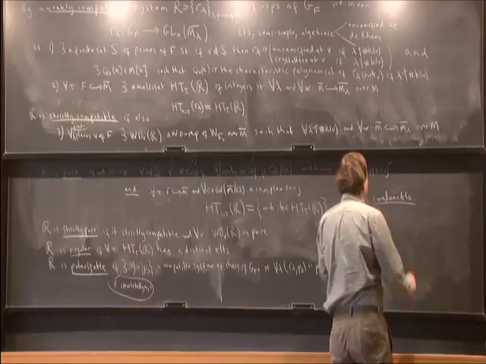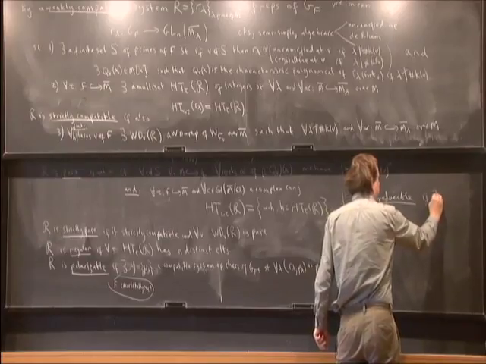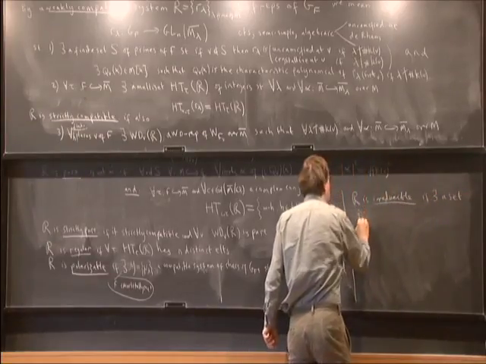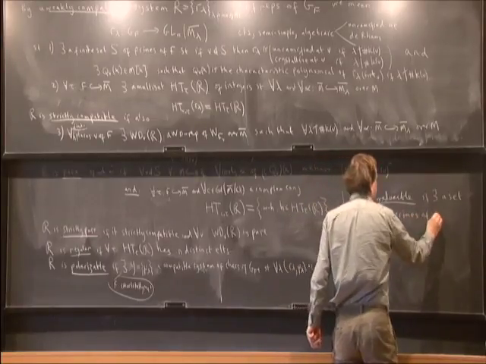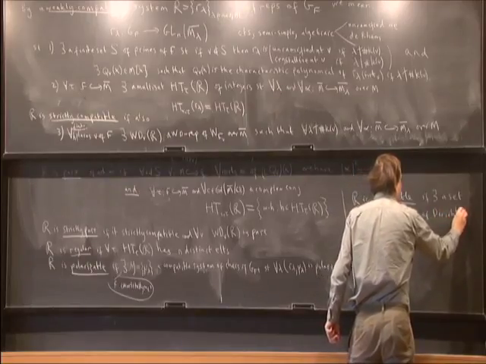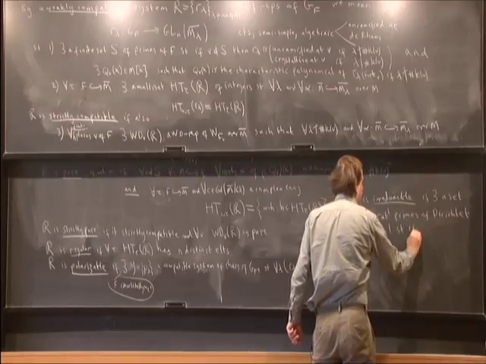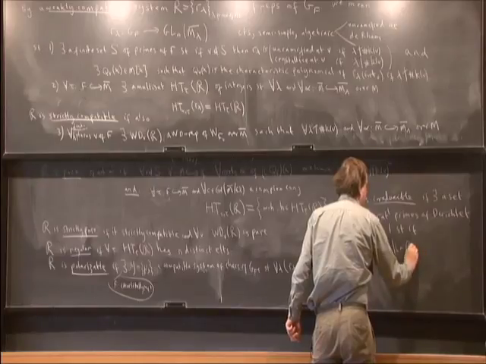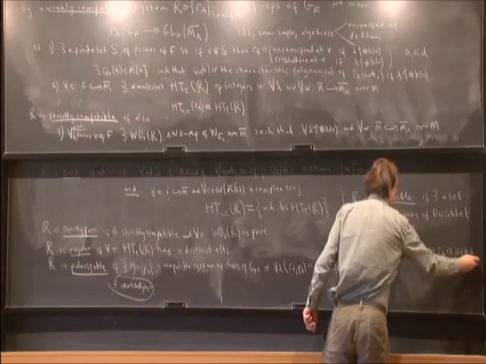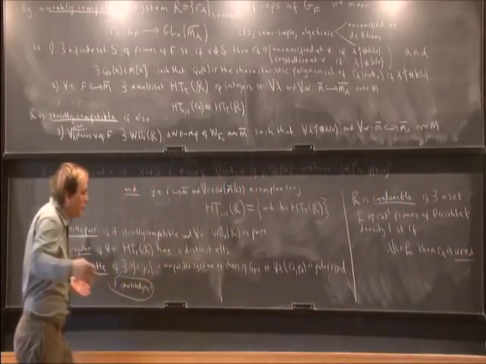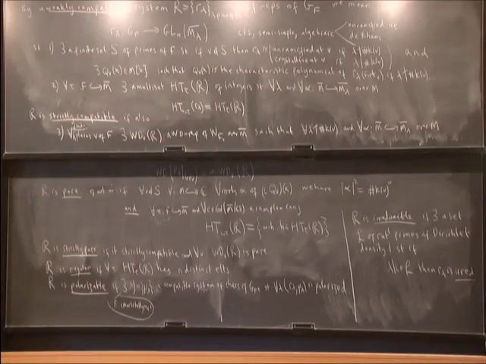But because we don't know that, a convenient definition of irreducible for us will be if there exists a set L of rational primes of Dirichlet density 1 such that if lambda divides L in L, then R lambda is irreducible. So in a sense, almost all of these things are irreducible in a suitable sense. Okay.